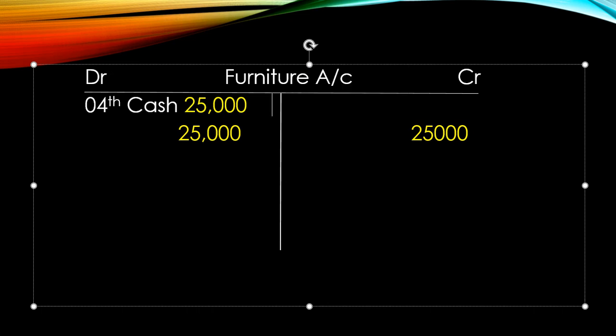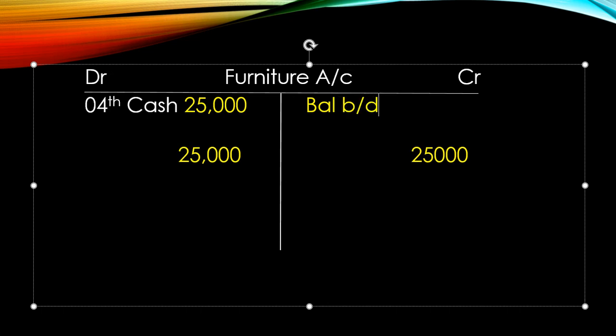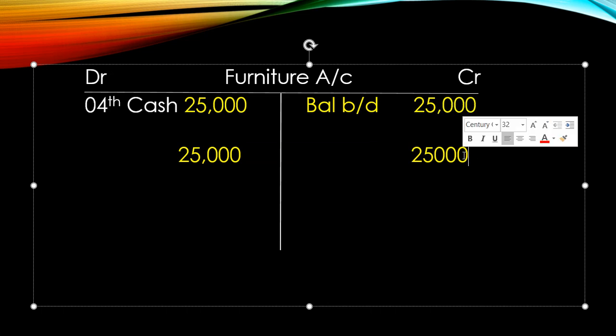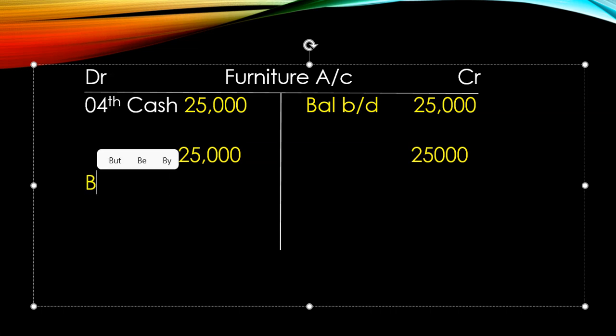But now here, the balance brought down will now be 25. Now that balance will come this side after putting there the two lines. If you are using a paper and pen, this balance will come here as the balance carried down, of how much? 25,000.